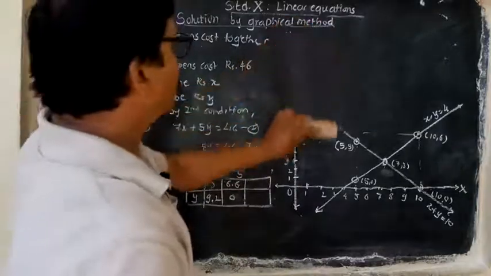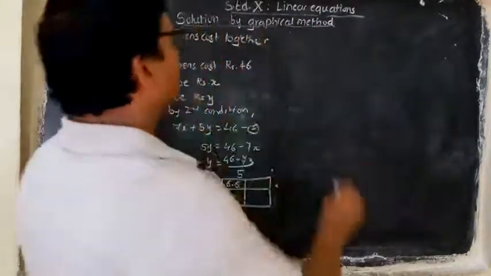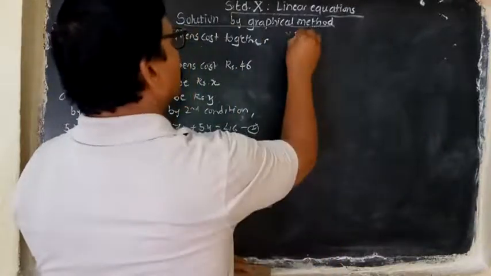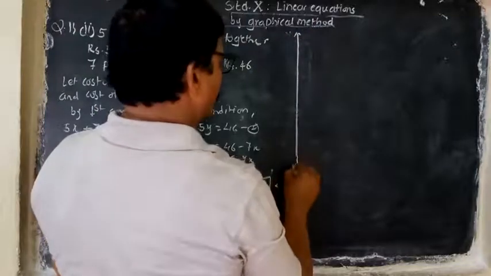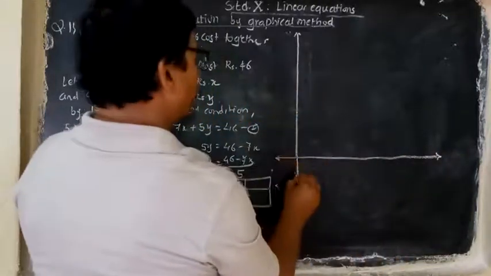Only 2 points are possible here in the graph. Look carefully. We need to draw this graph in the first quadrant only.